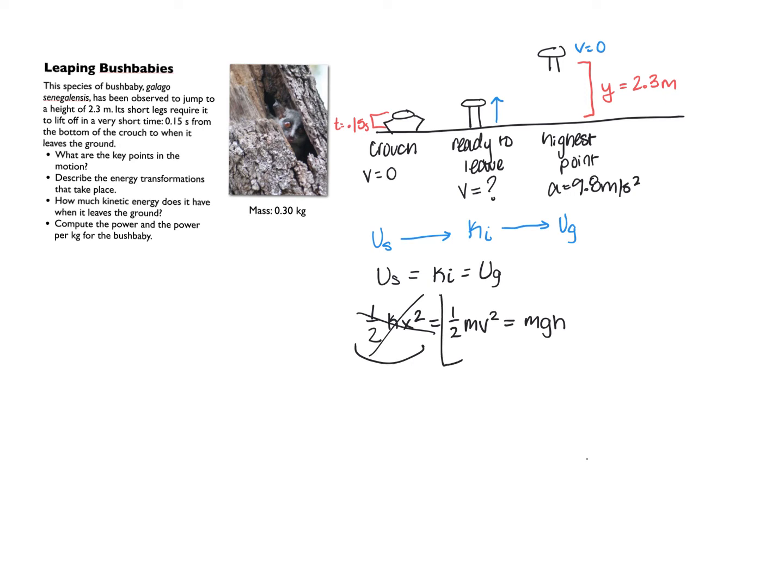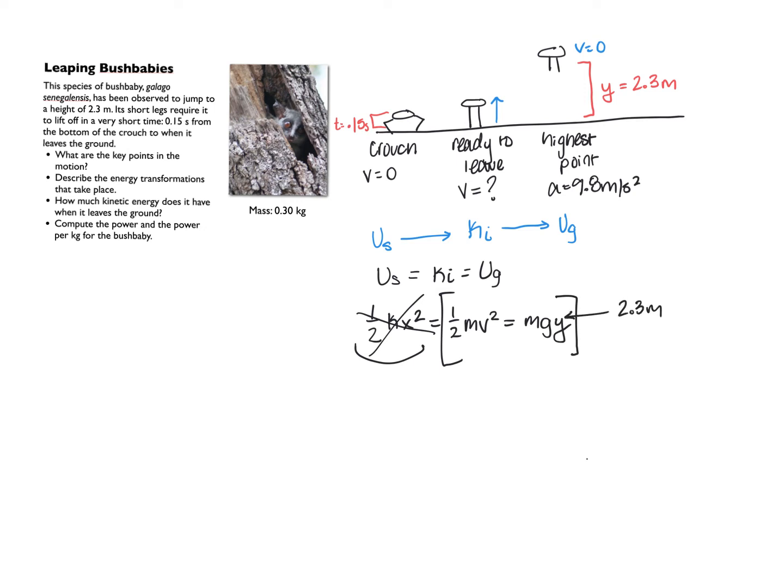What I really know stuff about is the kinetic and the potential, because I have a height. Sorry, I wrote h instead of y, so let me erase that and put a y there. I know y is 2.3 meters.